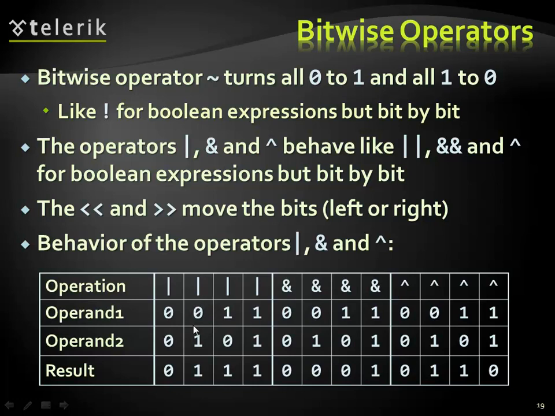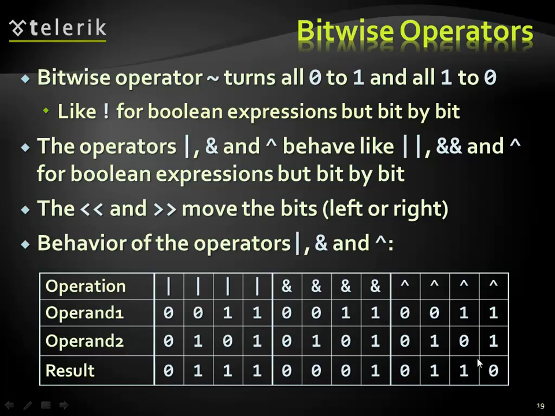If we have OR between two bits and at least one of them is true, then we'll get a result of true. If we have a bitwise AND, which is represented by a single ampersand, both conditions have to be true in order to produce a true result.